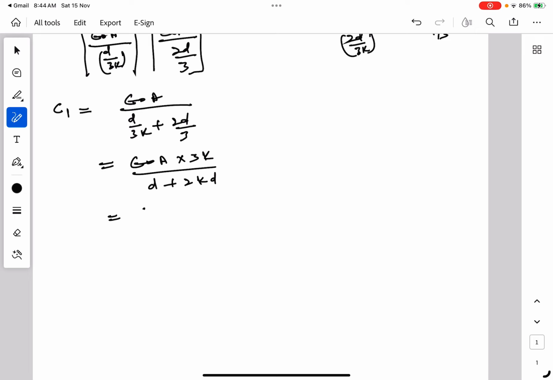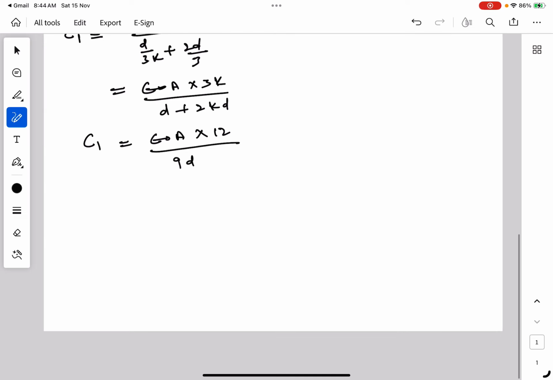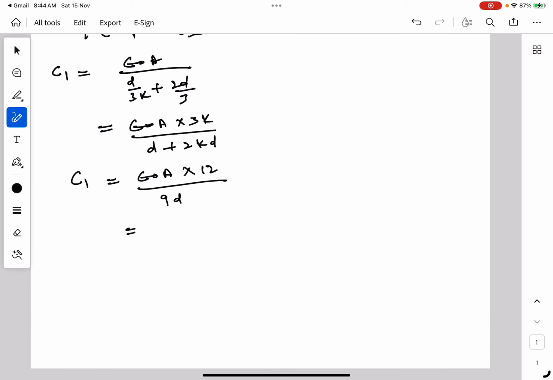So we get epsilon naught A into 12 upon 9D. So this gives us epsilon naught A upon D into 12 upon 9.